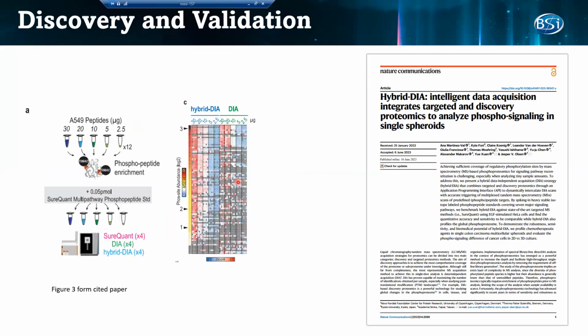For our benchmark, we use a data set from one of the experiments. In this experiment, we start from a human cell line and do phosphorylation-enriched peptides, spiking in some internal standard peptides. We use these internal standard peptides to trigger the PRM search. We want to compare two things.